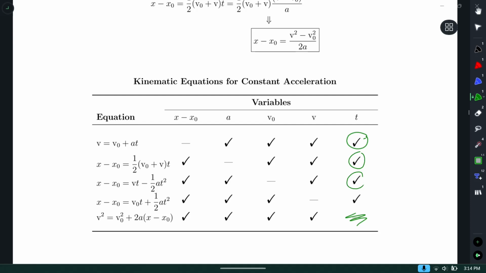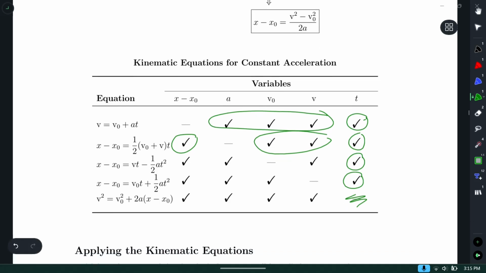So one of these four might be my potential kinematic equation to use, depending on the other three things I'm given. If the other three are acceleration, initial velocity, and final velocity, I want to use this first equation. If the other three things that are given are these things, I want to use that one, and so on and so forth. So it's just based on what you are asked to find and the other three things that you're given. Okay, thank you.